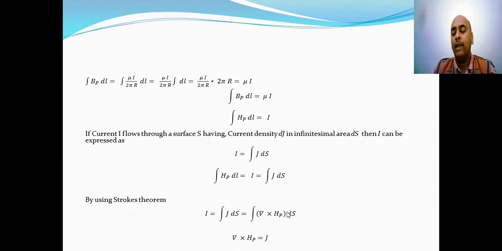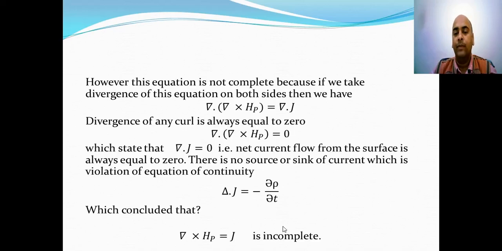So after equating, we can write that curl of H is equal to J, where J is the current density.